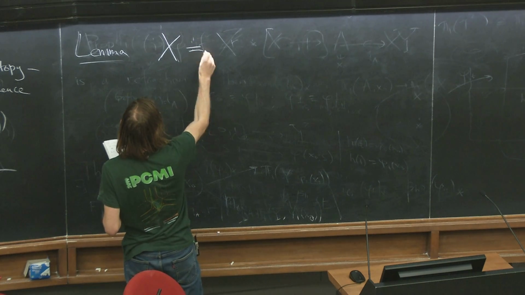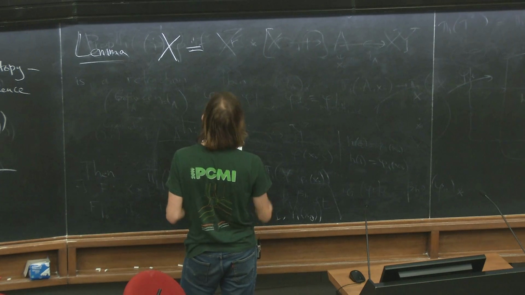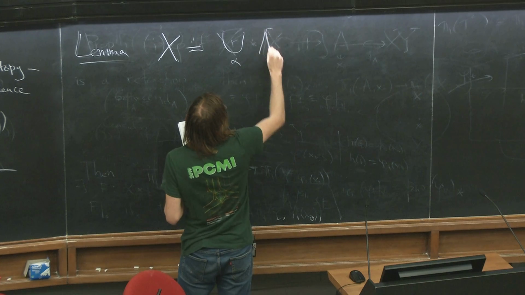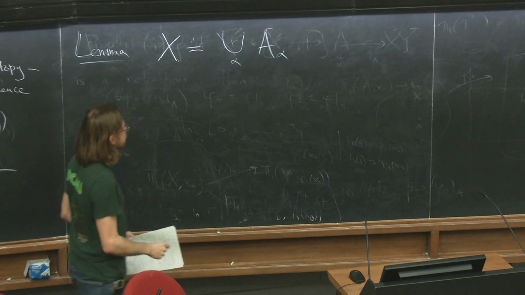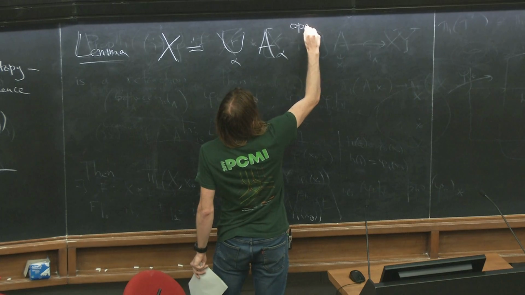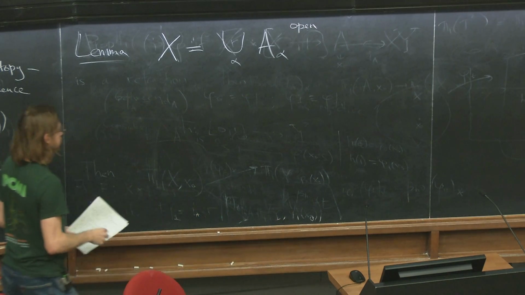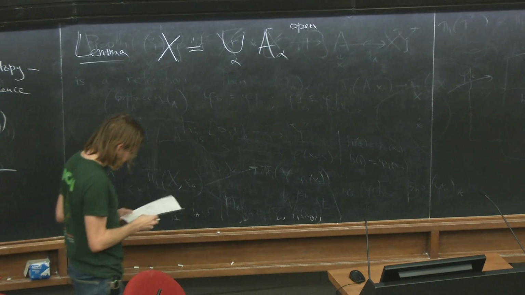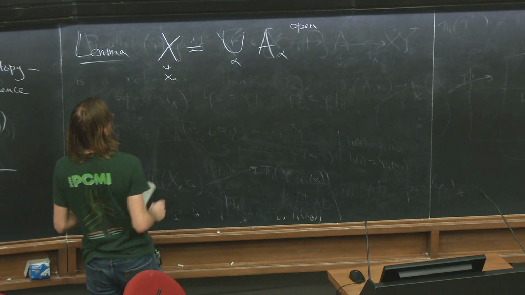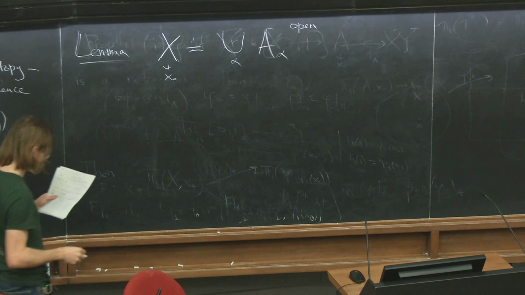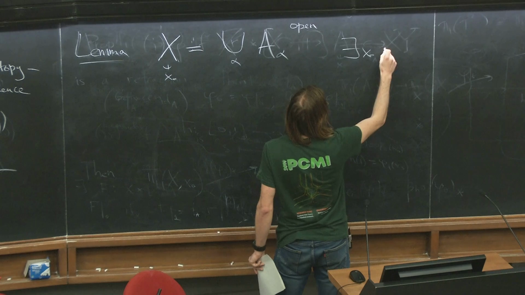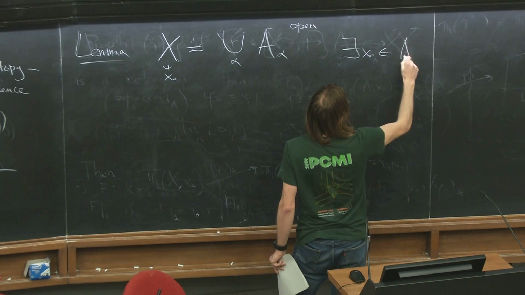So suppose our topological space is covered by a collection of open sets A alpha such that we have some base point in X, and we want this base point to belong to all of them.